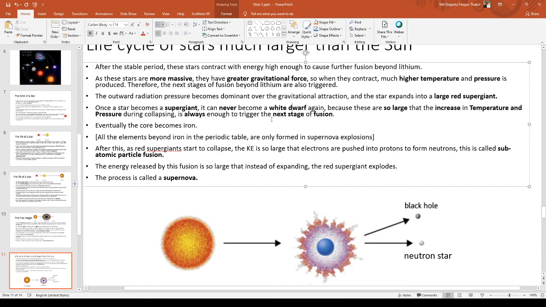When these fuse with each other, beryllium, boron, carbon, the core becomes nitrogen. Then the core becomes oxygen. Then fluorine, then neon.